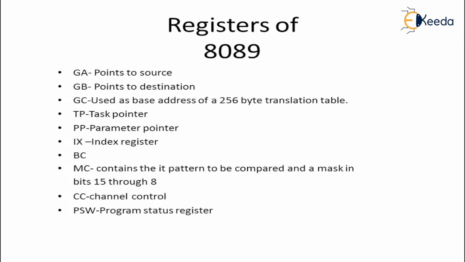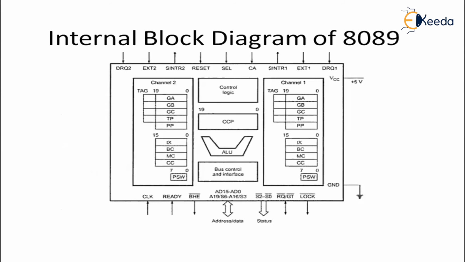Now GA, again we'll see, indicates where you want to go. GB indicates the destination place. Now when you look at this internal block diagram of the 8089, it contains the different channels which are interlinked with each other. All of these channels have different types of signals. One is called the clock signal, ready signal, acknowledgement signal.